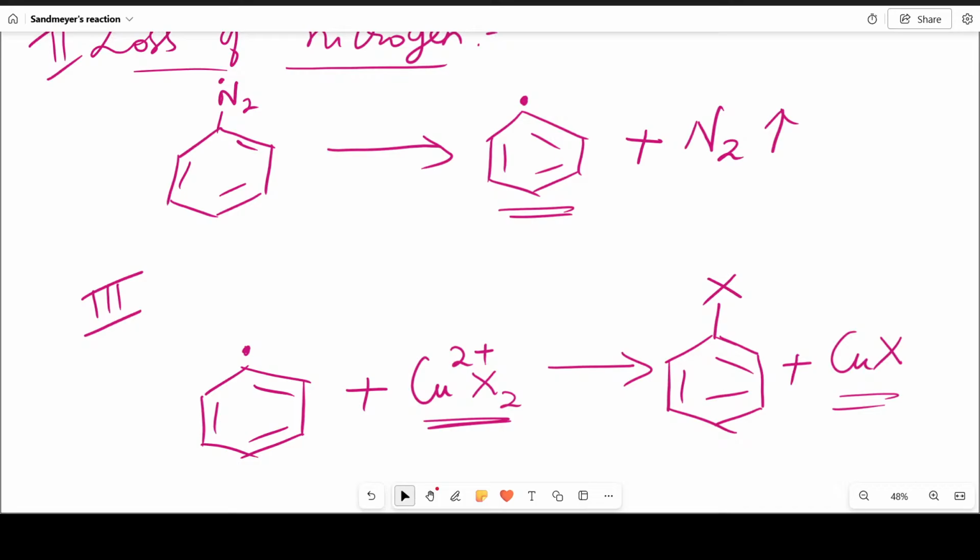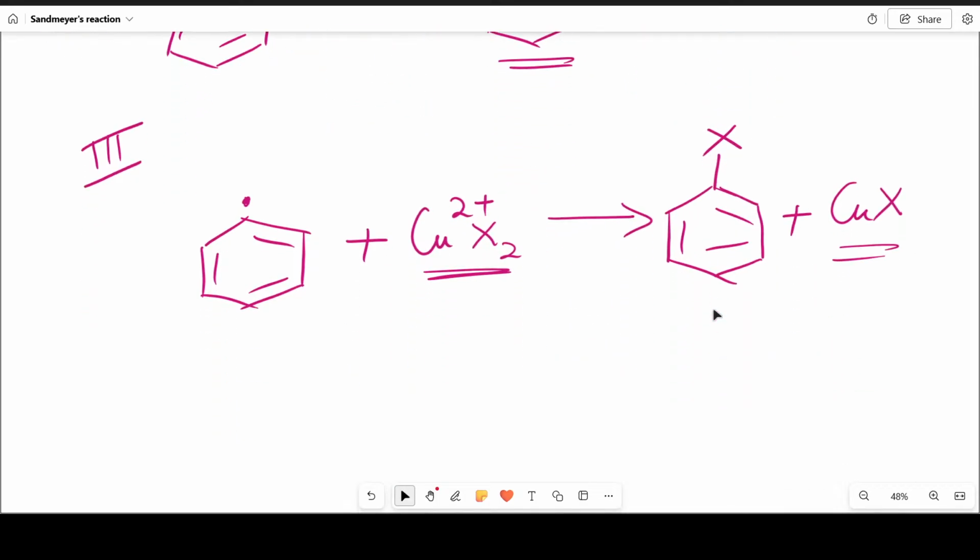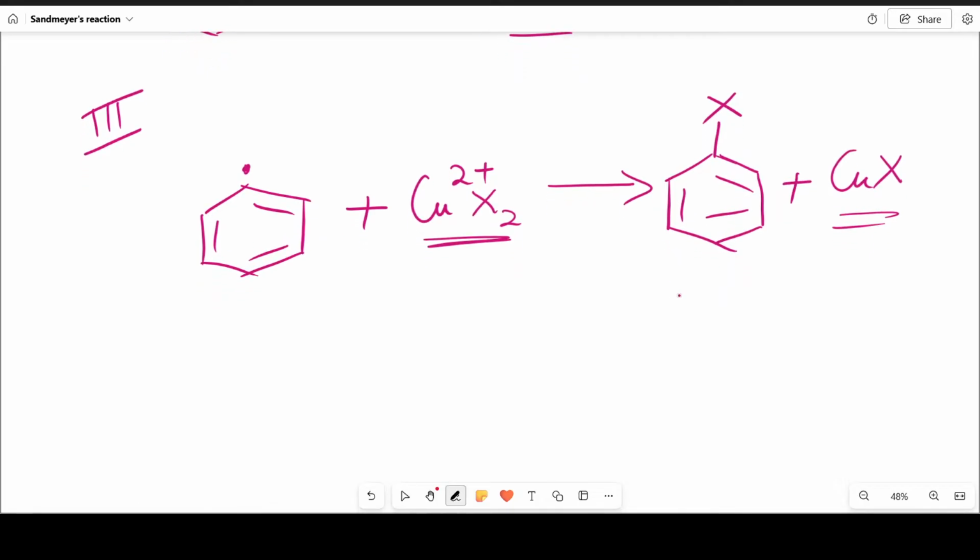Therefore, we use this to form chlorobenzene. If I want to prepare chlorobenzene, what reagents am I going to use? I'm going to use CuCl along with HCl to give chlorobenzene.